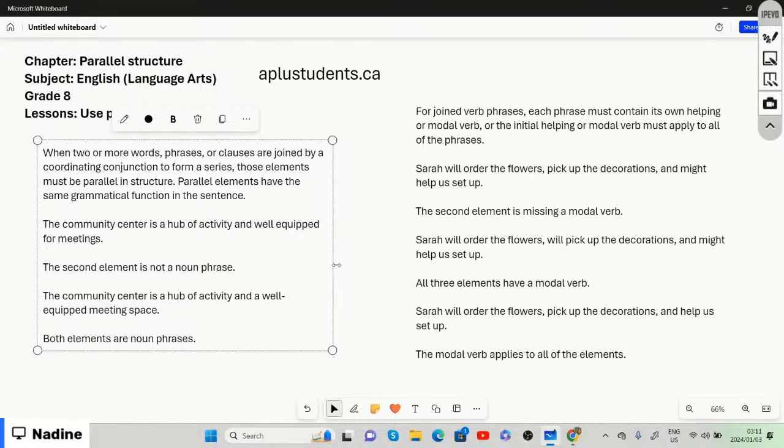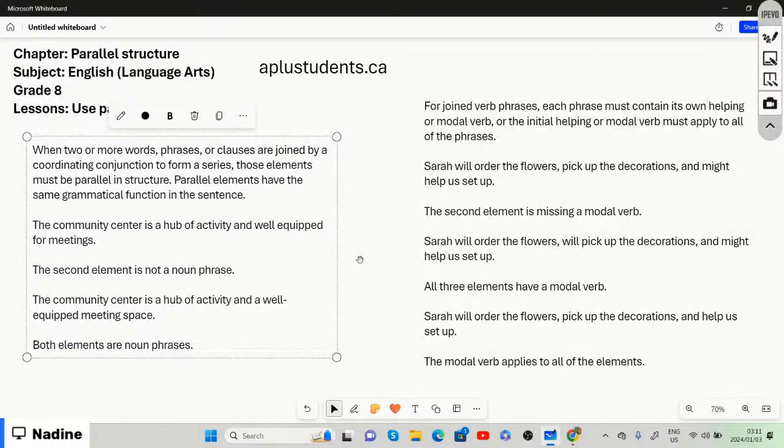They're saying that the second element, well equipped for meetings, is not a noun phrase. However, both the community center is a hub of activity and well equipped for meeting space is a noun phrase. If it is just well equipped for meetings, then it is not a noun phrase. But as soon as you say it is well equipped for meeting space, then we can say it is a noun phrase.